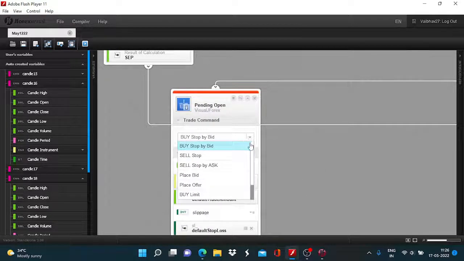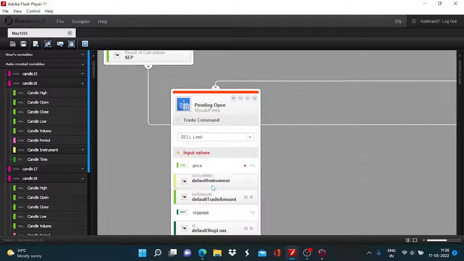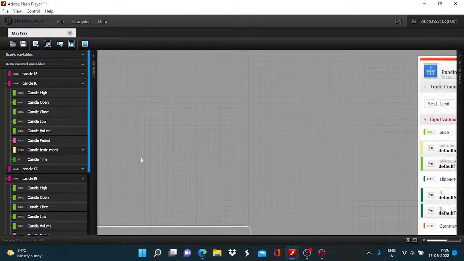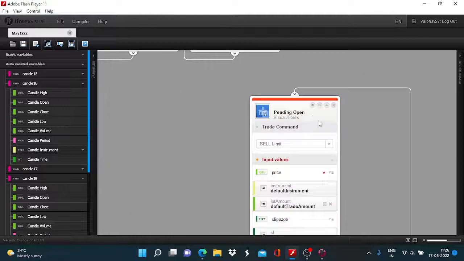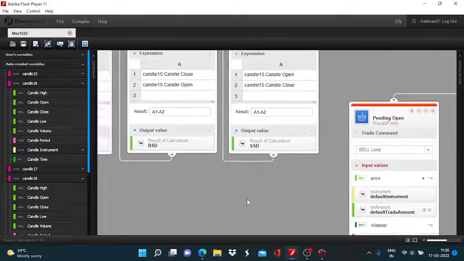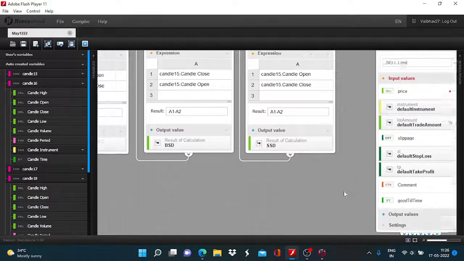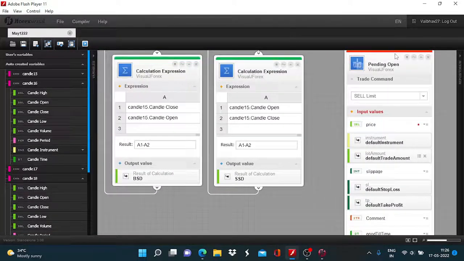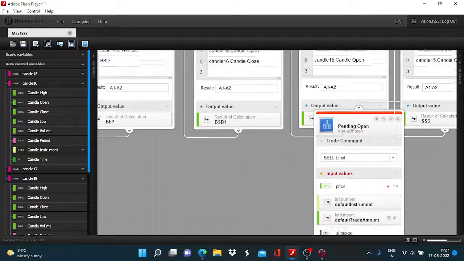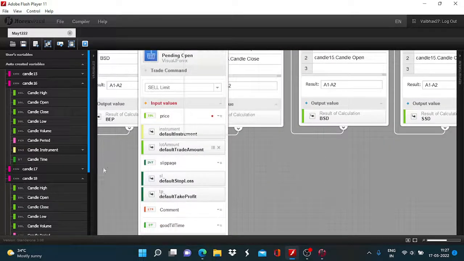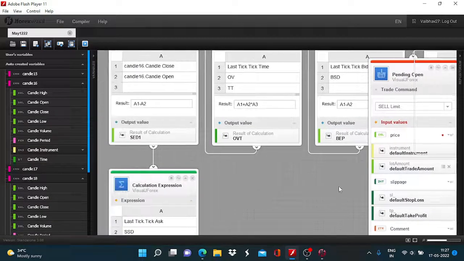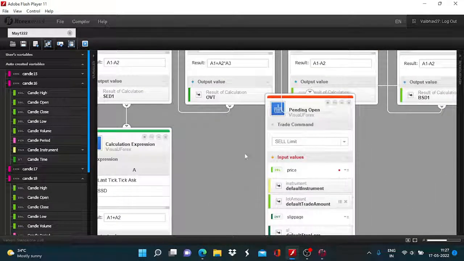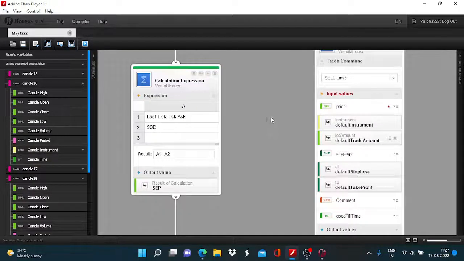This is going to be a sell limit order, and we go for the sell execution price.